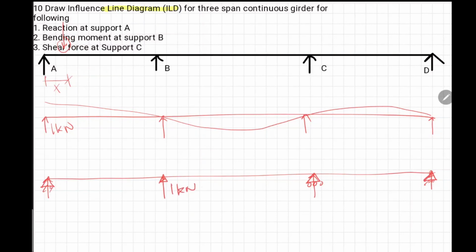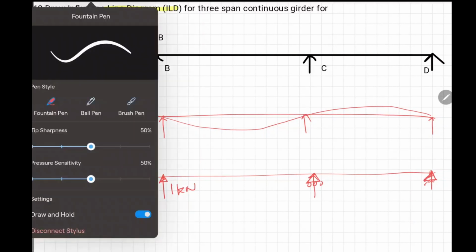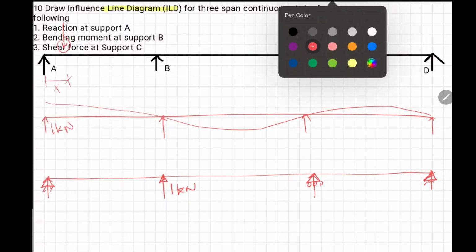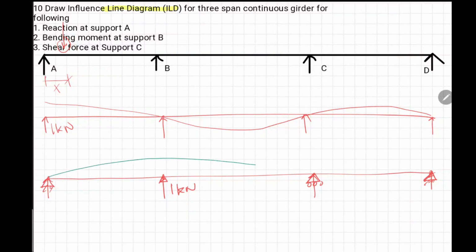I will calculate the deflected shape. It would be something like this. So this deflected shape is the influence line diagram for the reaction at B, and this magnitude will be 1 unit, 1 kilonewton.